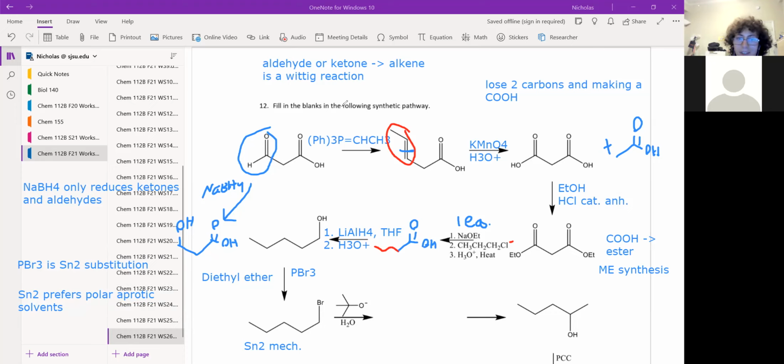It's polar because, I'll draw it up here, it has that oxygen. And aprotic refers to not having hydrogens that could hydrogen bond. Water or methanol are good examples of protic solvents because the hydrogen in alcohols and water can do hydrogen bonding. And if you have a hydrogen on a nitrogen, that can do hydrogen bonding. Those are examples of protic solvents.